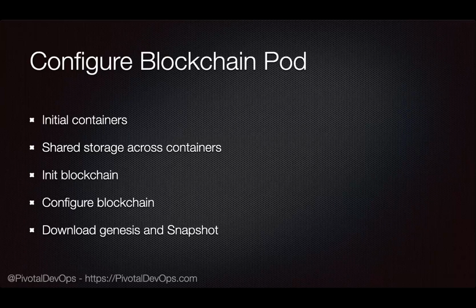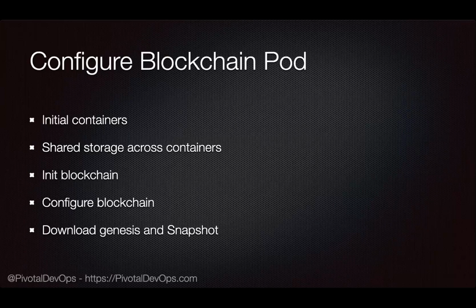So in this video, we're going to concentrate on actually configuring the pod. Just to give you a heads up, we'll do some init containers that will run before the actual chain binary starts. We will need to share data across containers.